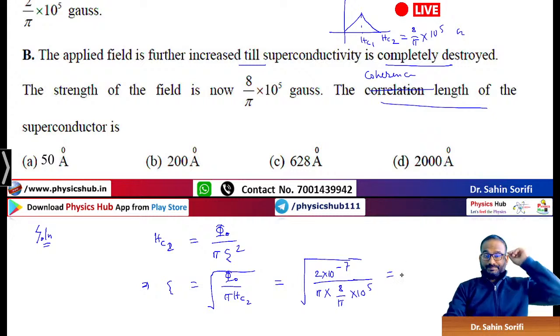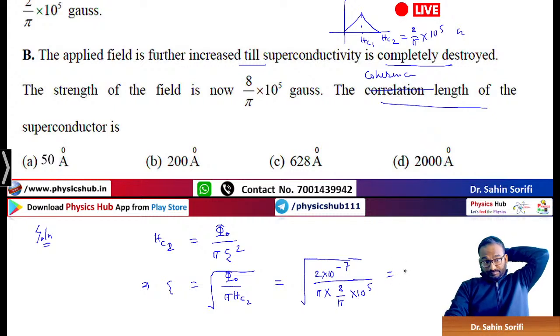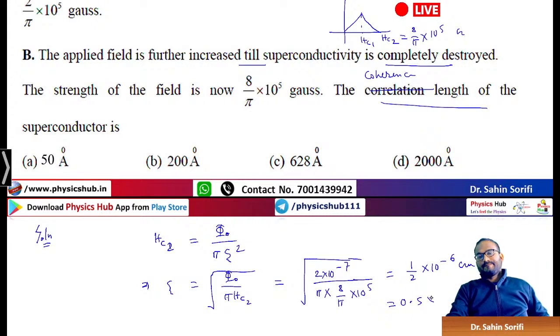This is equal to 1 by 2 into 10 to the power minus 6, which is 0.5 into 10 to the power minus 6, half of 100 angstrom.